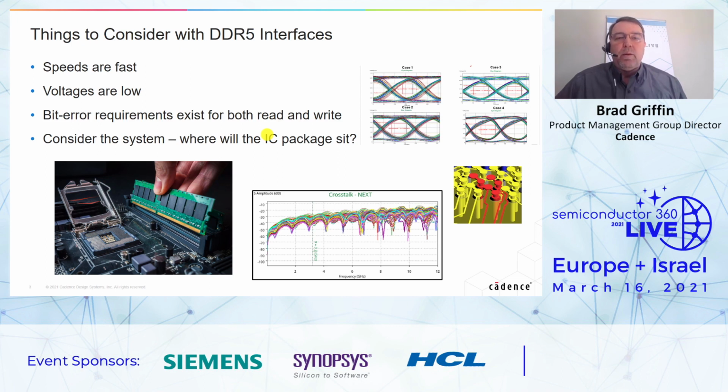And there's no doubt about it, if you've done DDR any time in your life, DDR2, DDR3, even DDR4, the speeds continue to get faster. DDR5 is a minimum of 4800 megabits per second. So that's where DDR4 ended at 3200. So now we're going to go from 4800 megabits per second to 6400 megabits per second with DDR5.